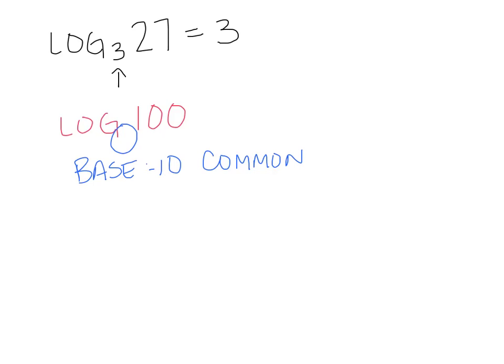There's another special base. It has to do with the natural log. The log base e of, let's just say, x. The log base e of x. E, we've looked at already, is that irrational number that occurs a lot in nature. So we can write this expression as the natural log, ln of x.